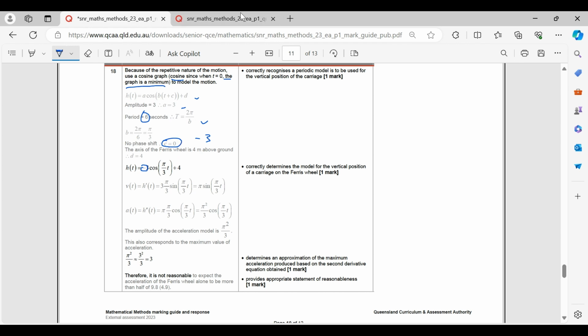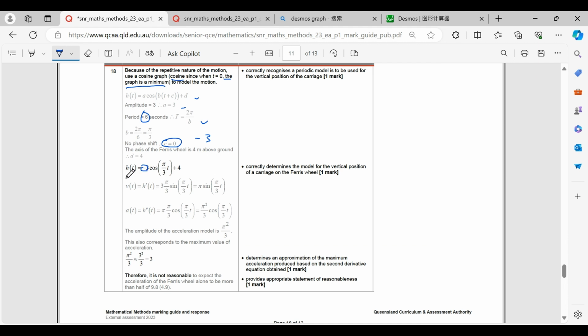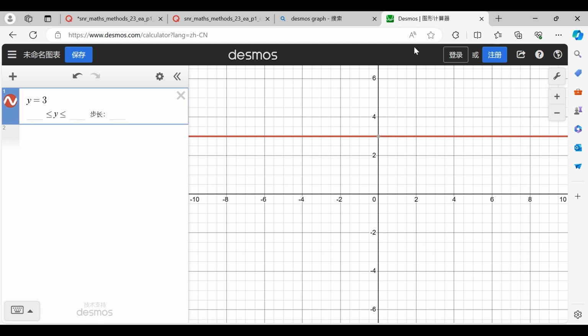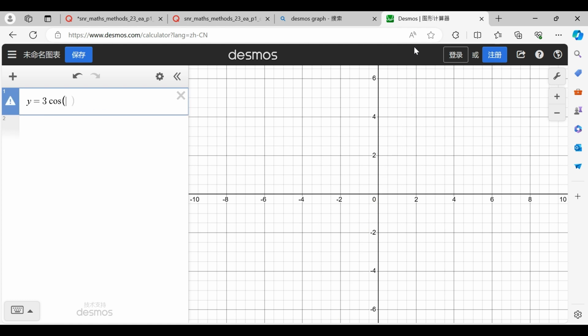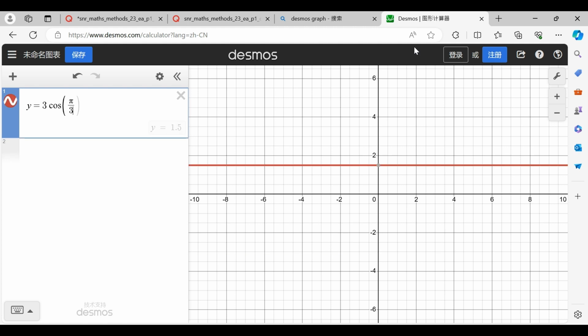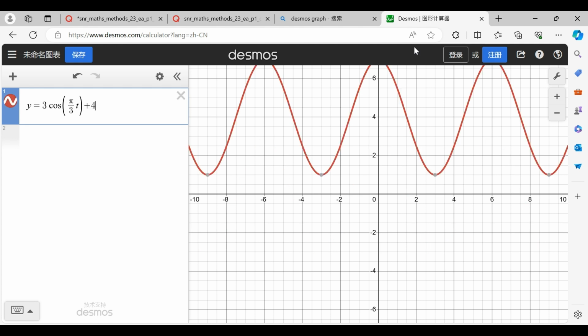Now let's use decimals to have a look. The function is y = 3 cosine(pi/3 t) + 4.